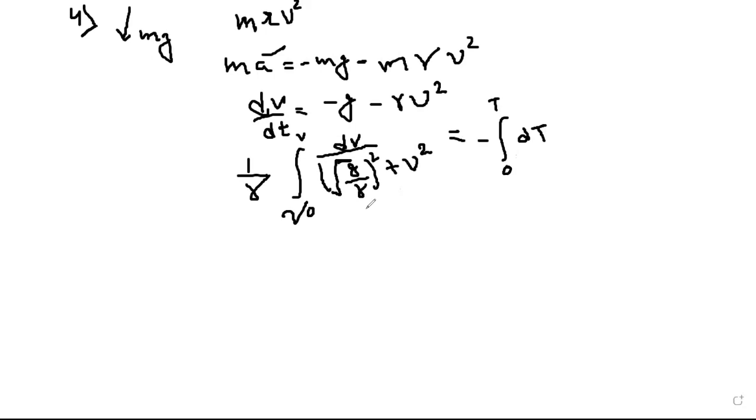So after that, here 1 upon under root γ into g.